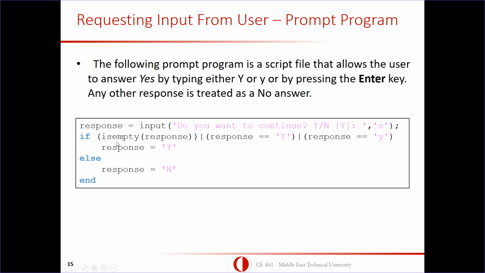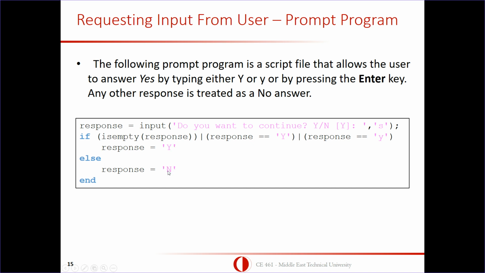So is empty, if you remember, was the function that we defined in the previous class, and if the response is empty, or if the response is y, or small case y, then the response is going to be taken as y, otherwise the response is going to be no.